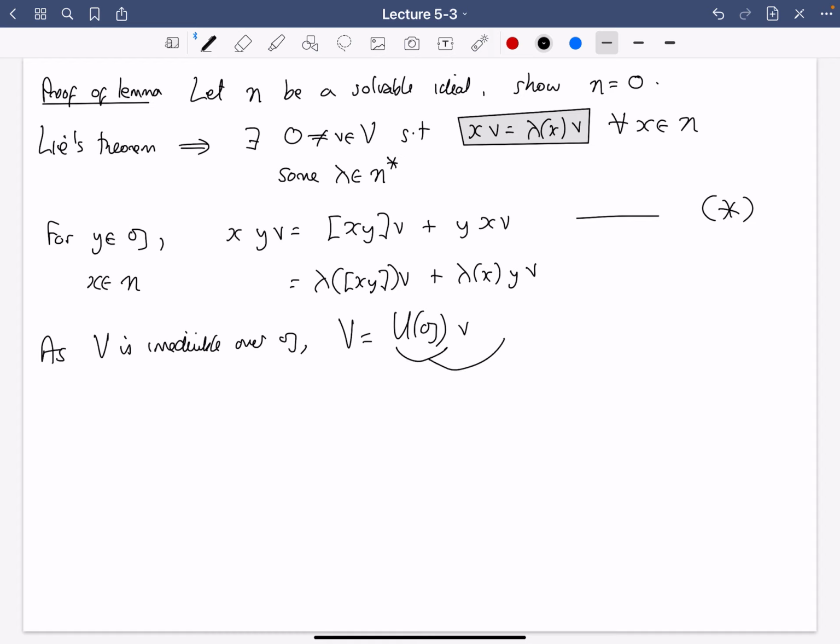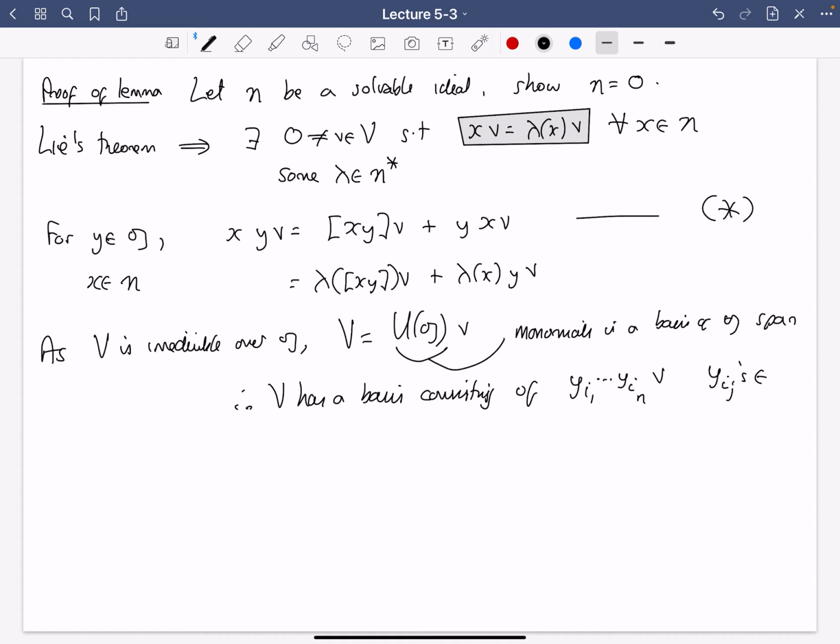For the universal enveloping algebra, the monomials in a basis of G span it. So V has a basis consisting of elements like some monomial y_i1 through y_in applied to v, for y_ij in G. We pick some basis for G, and all the PBW monomials applied to v certainly span, and then you can pick a basis inside that spanning set.